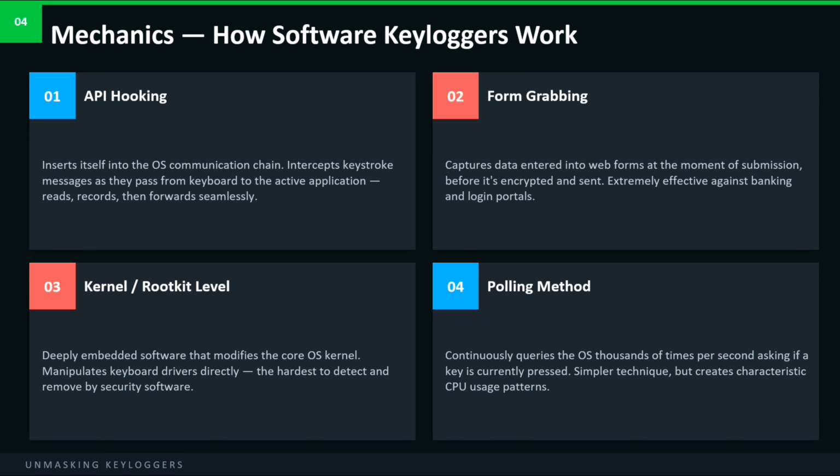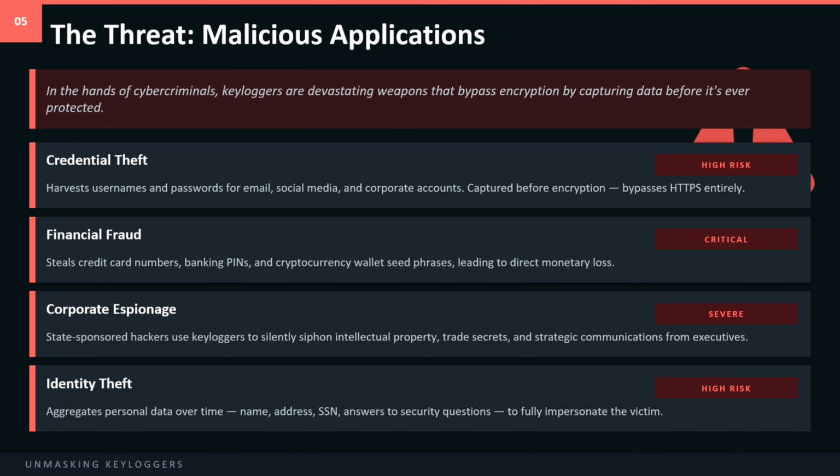It's a very simple technique, but it creates a characteristic CPU usage pattern, because you are monitoring every second, sending inquiries to the keyboard to check whether any key is pressed or not. That's why it creates a characteristic CPU usage pattern. It will cause CPU disturbance. That's it. Now you understand how they work technically.